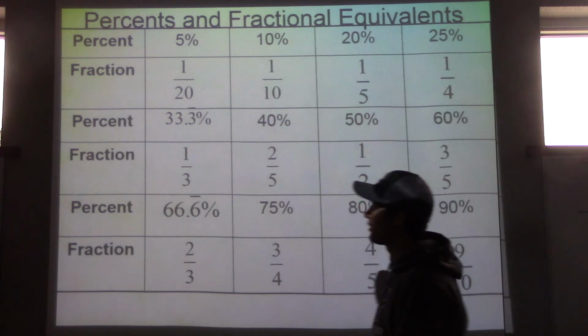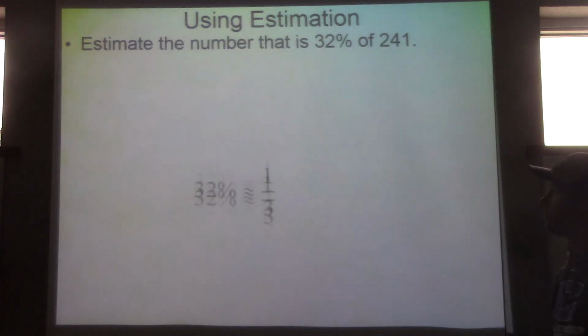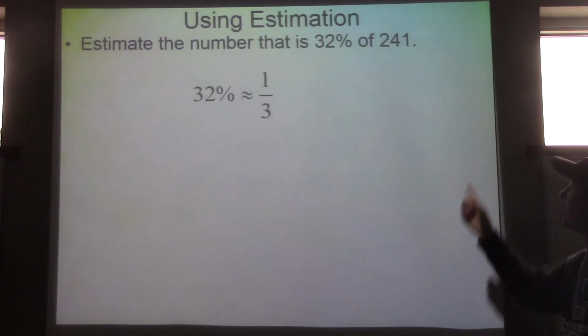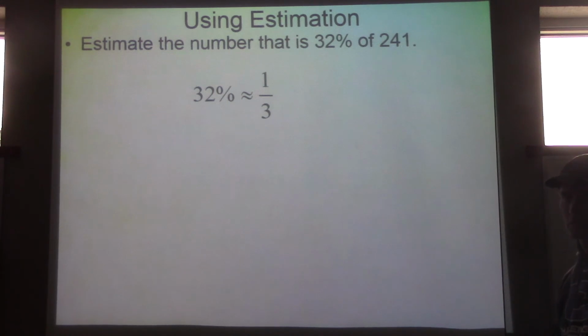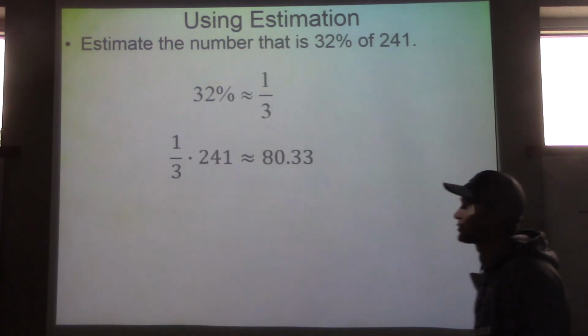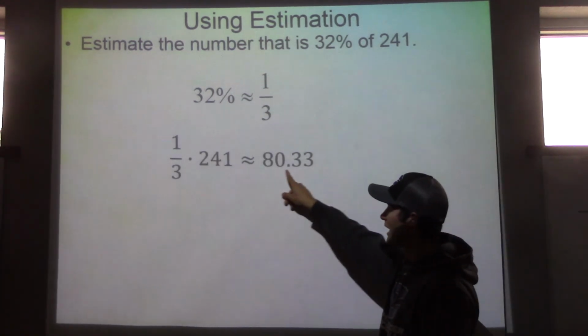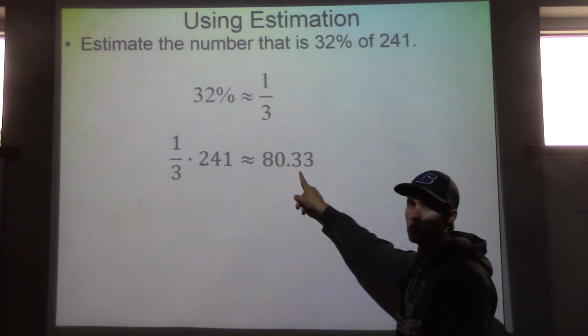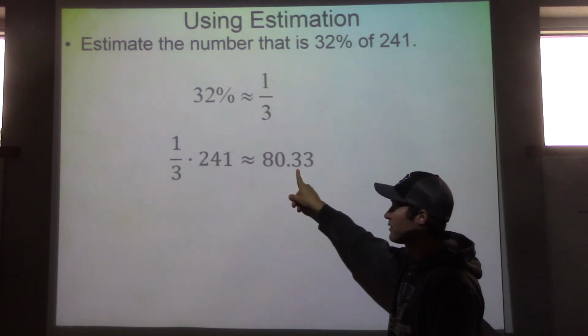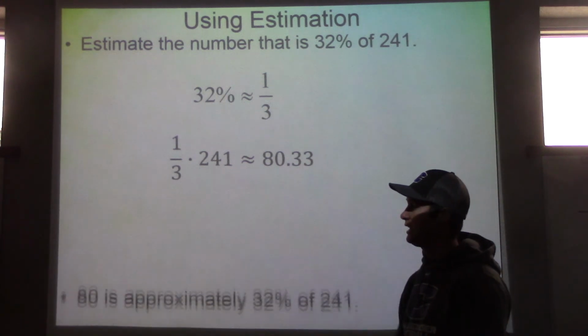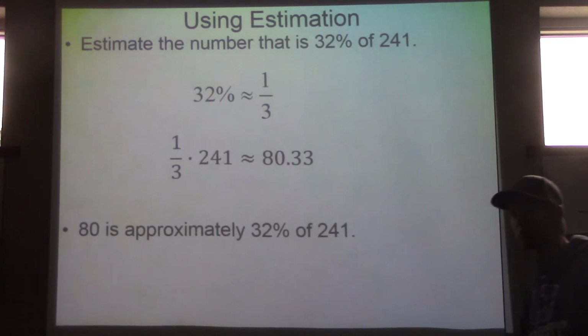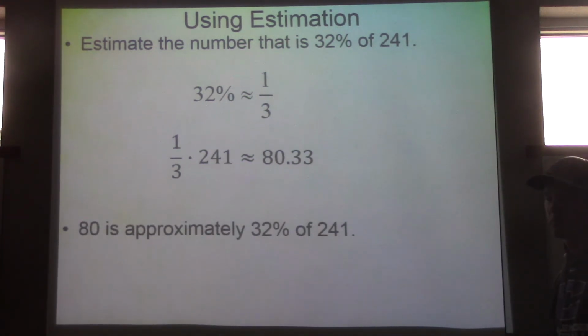So we're going to use 1/3, and we want to know what's about 1/3 of 240. 1/3 times 240 is about 80.33. What can we round this to? We could just round that to 80. So 80 is the approximate answer, so 80 is about 32% of 241. We're just going to round up or down just a little bit.